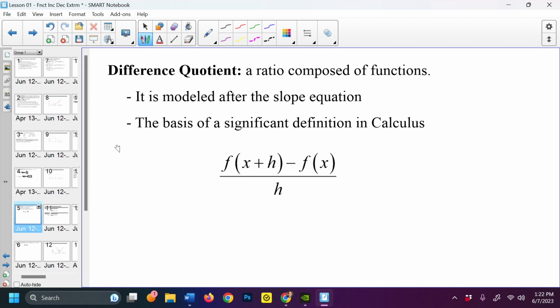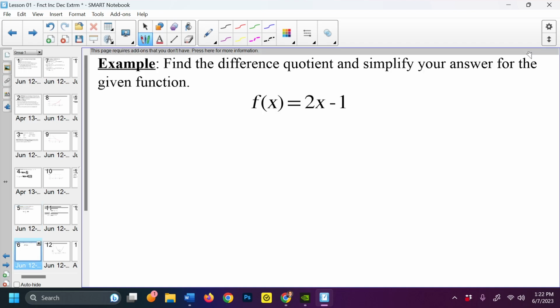But this is a good application of what we did on the previous example. So if I say find the difference quotient and simplify your answer for the given function, the difference quotient was given to us as f of x plus h minus f of x all over h.